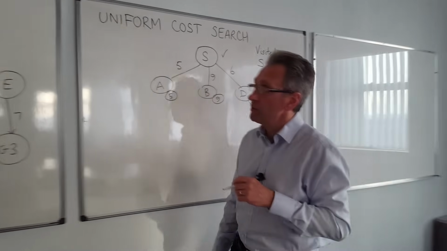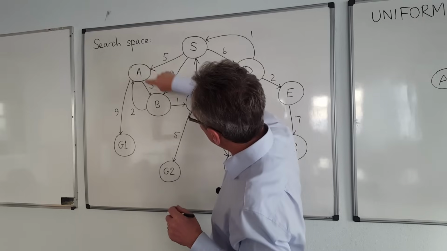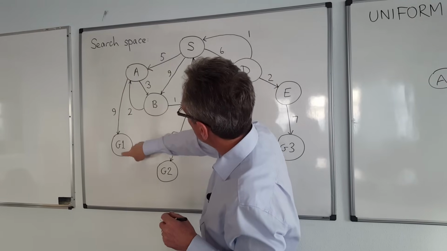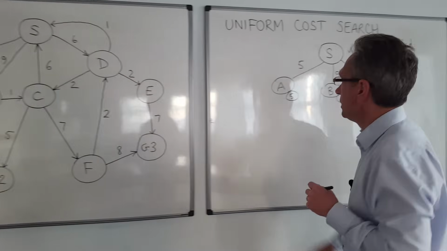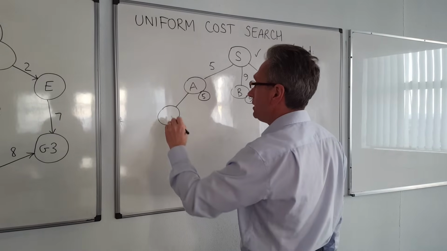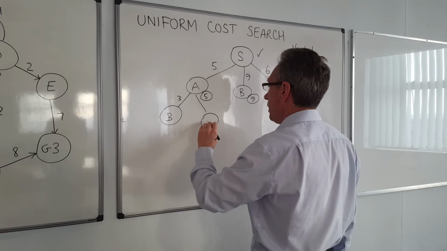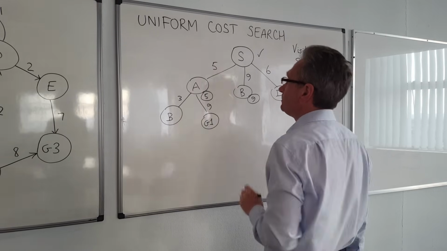Let's see where we can get to from A. Well, from A we can go to node B for a cost of 3, or we can go to G1 for a cost of 9. So let's put those in. So we can go to B for a cost of 3, or we can go to G1 for a cost of 9.